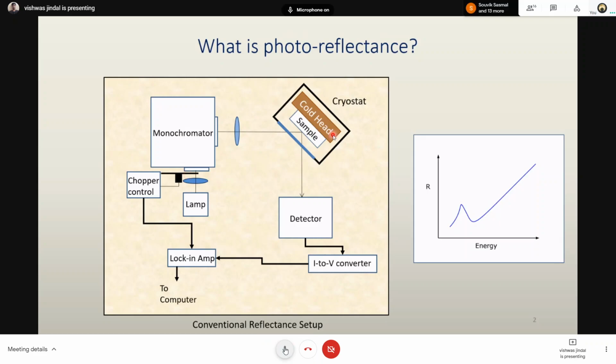But if it is of the order of that blade width, then the square wave will turn into trapezoidal, or if it's even bigger, then it will turn into a triangular wave. So the best response you will get is when it's a good square wave.